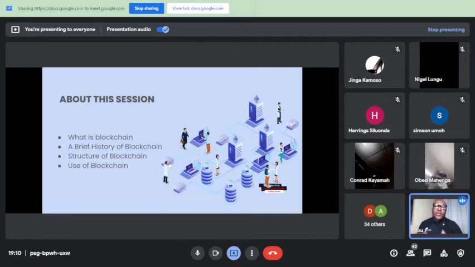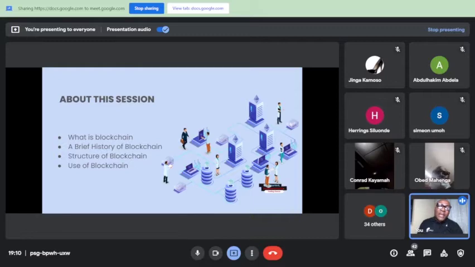To start with, I want you to view blockchain as an internet-based infrastructure upon which applications can be built.